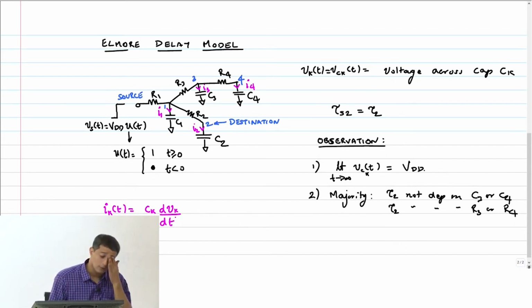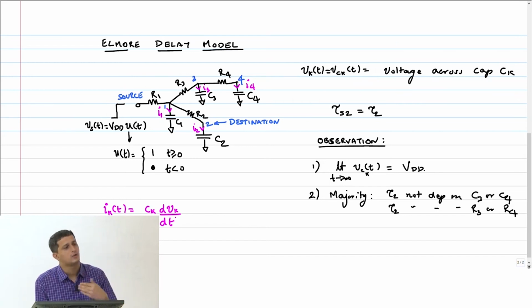Now, it's a reasonable assumption to make that all these nodes are going to charge asymptotically to VDD, but they don't charge at the same rate. Each node is going to charge with its own time constant.